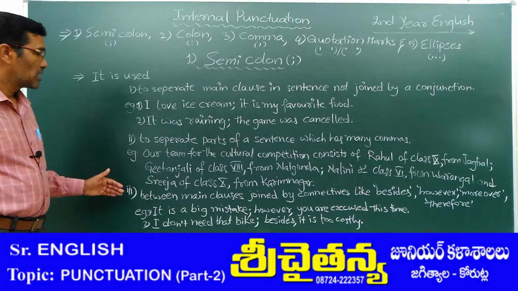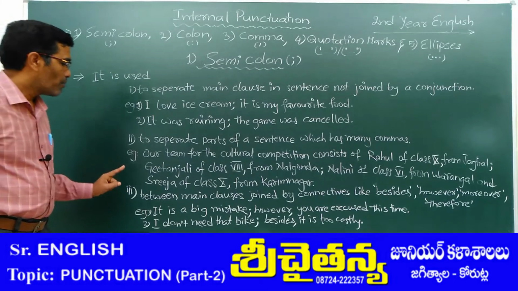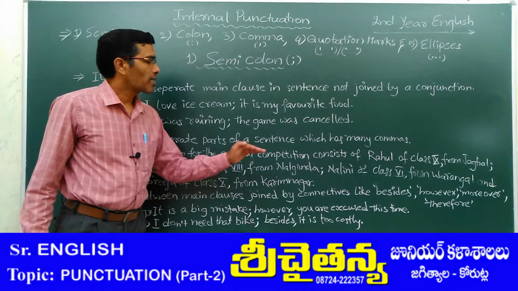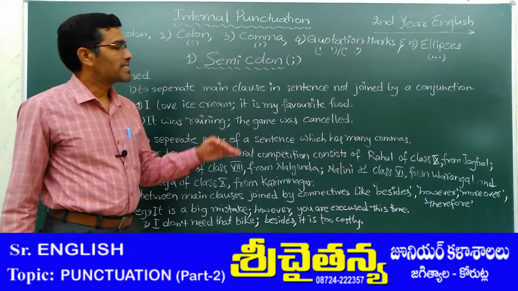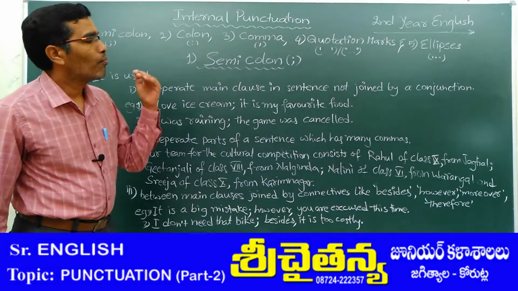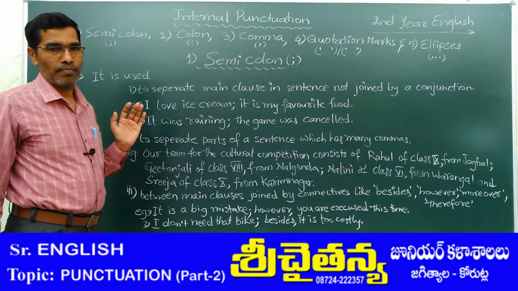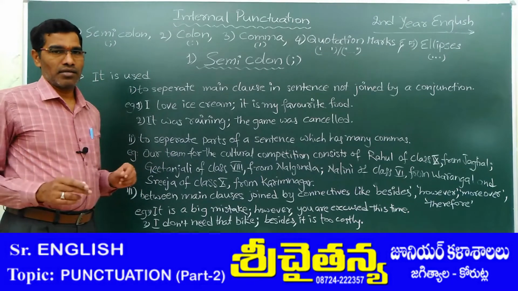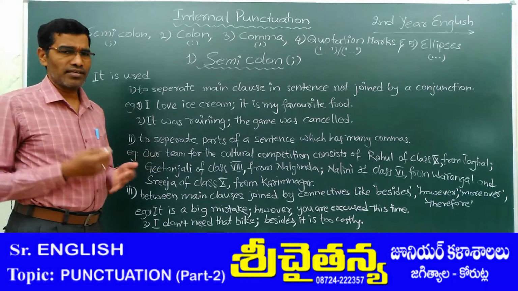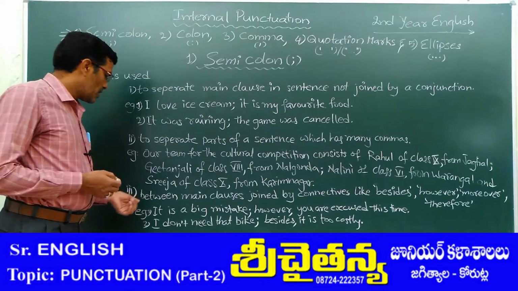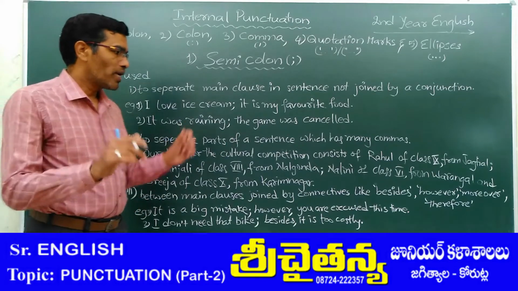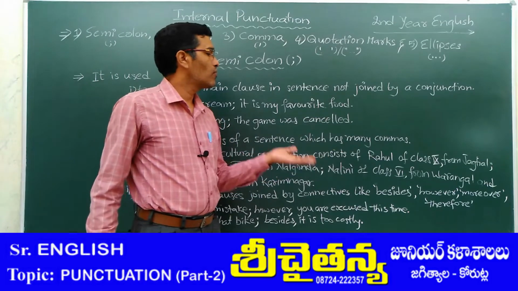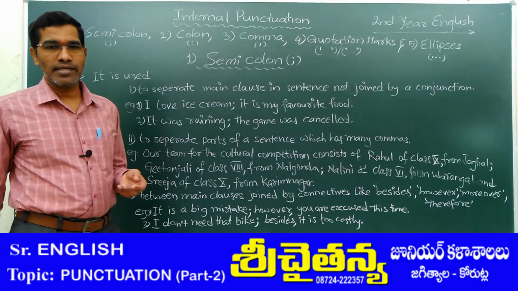The third point to use a semicolon is between main clauses joined by connectives like besides, however, moreover, therefore. Again, a clause is nothing but a sentence. Those two main clauses are joined by words like however, moreover, therefore, besides, in addition to.